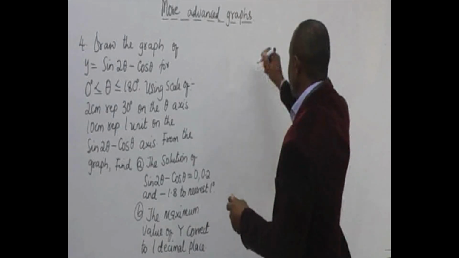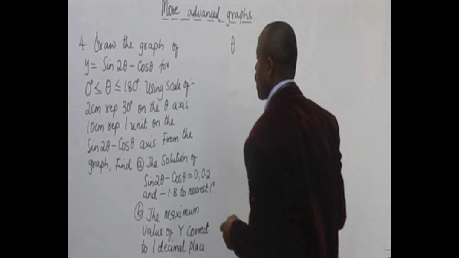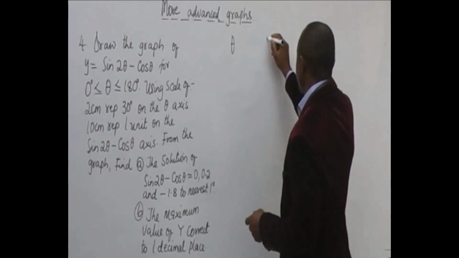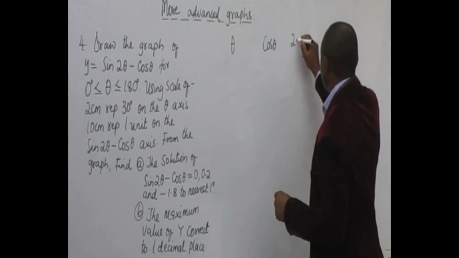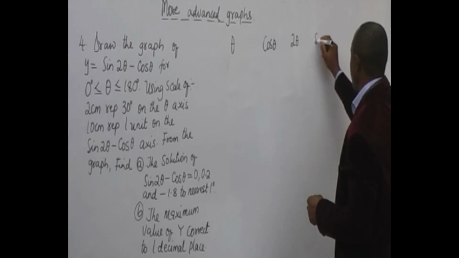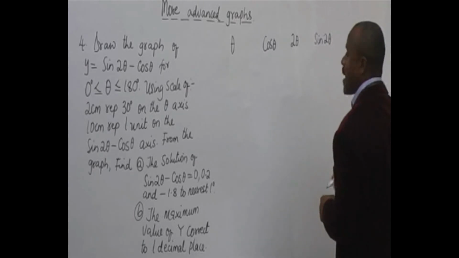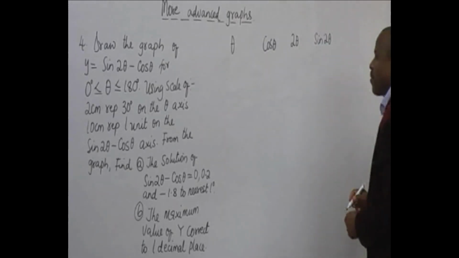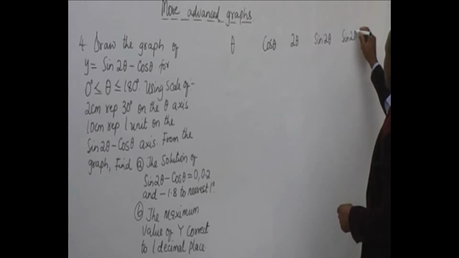So just as I said, in the table of values we are going to have theta, we are going to have cosine theta, we are going to have 2 theta, we are going to have sine 2 theta, then finally we are going to have a column for that equation, sine 2 theta minus cosine theta.